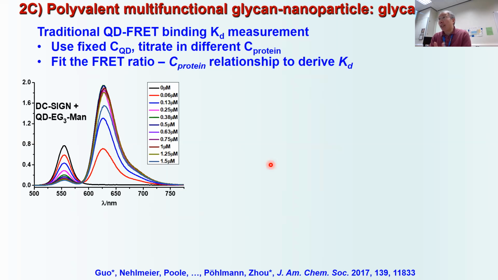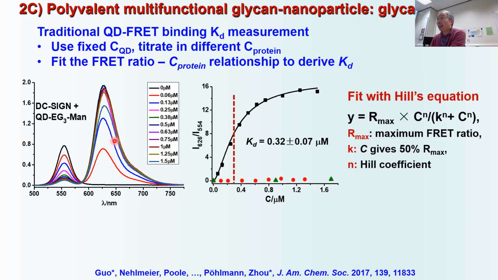For these different bindings, of course, it's really important to be able to figure out how strong the binding is. Typically, this is done through a titration experiment where you titrate in different amounts of the protein and figure out the half binding by the Hill equation. However, these methods can have a problem.